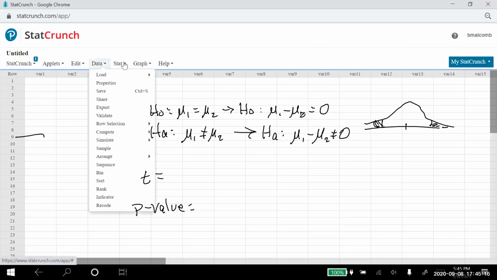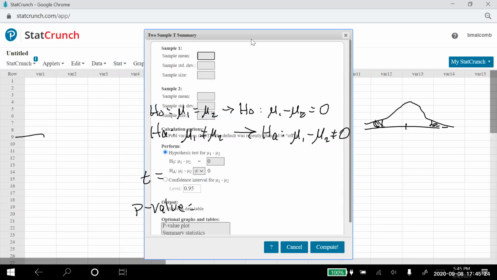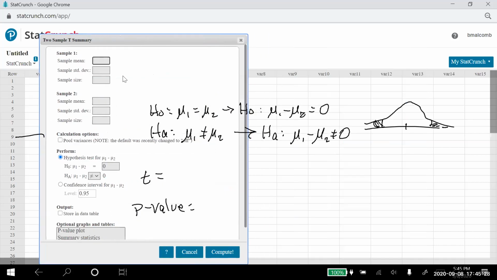And we go Stat, T Stats, Two Sample, With Summary. All right, we'll move this over so you can see what I'm doing. I jotted all this down. We had 14.2, standard deviation was 2, sample size was 20, then 16.5, 5, and 20.